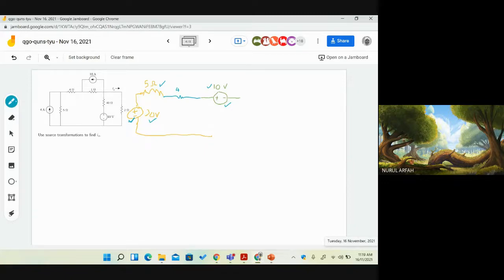Next, what should we do? Okay, I'll give a hint. This green color here. What about this 1 ohm? Yeah, you need to put 1 ohms there. Okay, good. Right. And then on the right side, what should you do? Okay.